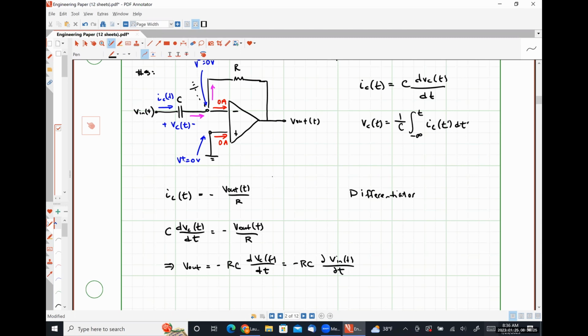So we have to make sure that the values of R and C here also satisfy the constraints that we're allowing the capacitor enough time to charge or fully discharge, depending on the frequency of our input signal, right? So if the frequency of our input signal is too fast, so it's changing too quickly, our capacitor never charges and fully discharges.